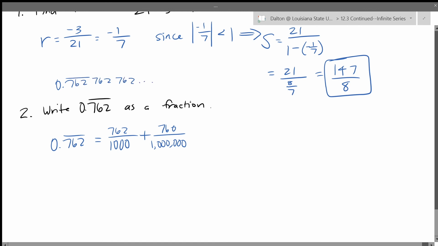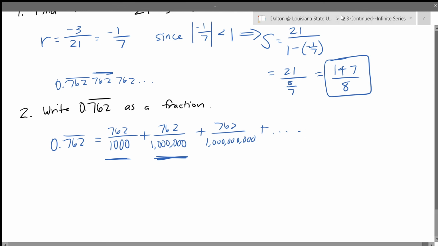So the first 3 are represented by 762 over 1,000. This next group is 762 over a million, plus, I could do another one, 762 over, adding another 3 zeros, 1 billion. And then it continues on. That's how I would write it as a sum of fractions.